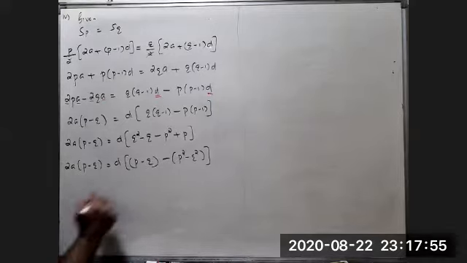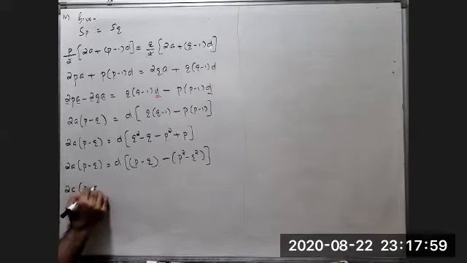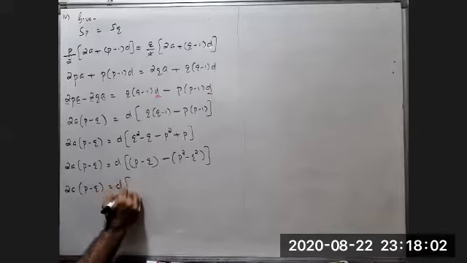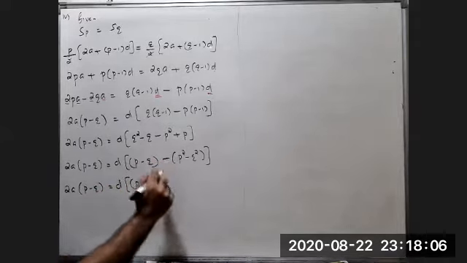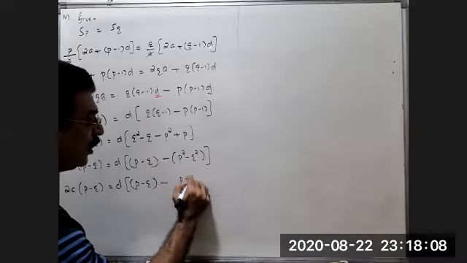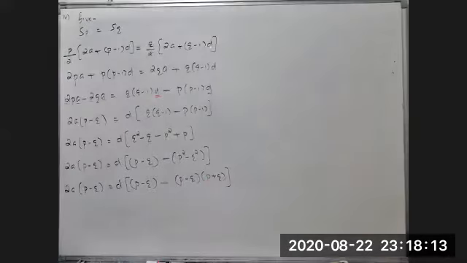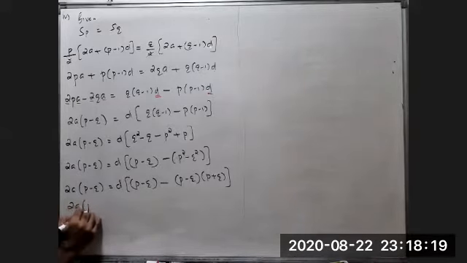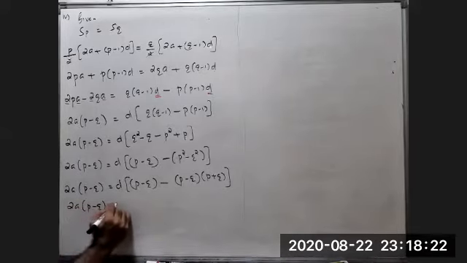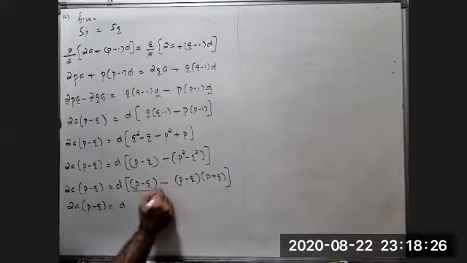Now, this one is 2A, P minus Q, D, P minus Q minus. We know that P square minus Q square is P minus Q, P plus Q. So we got 2A, P minus Q, D into, you can see this, P minus Q is common.